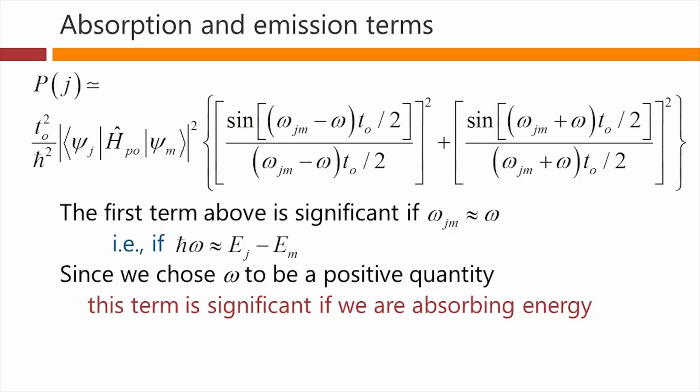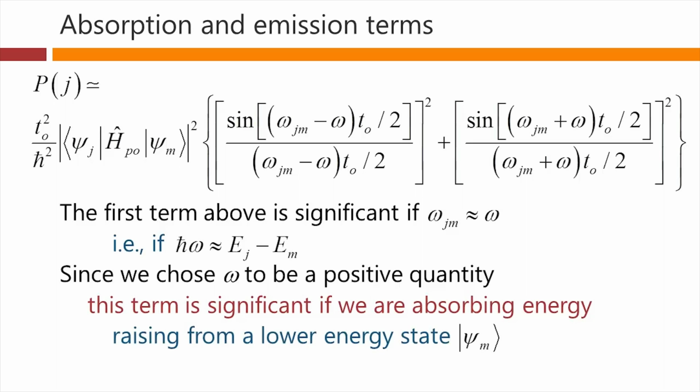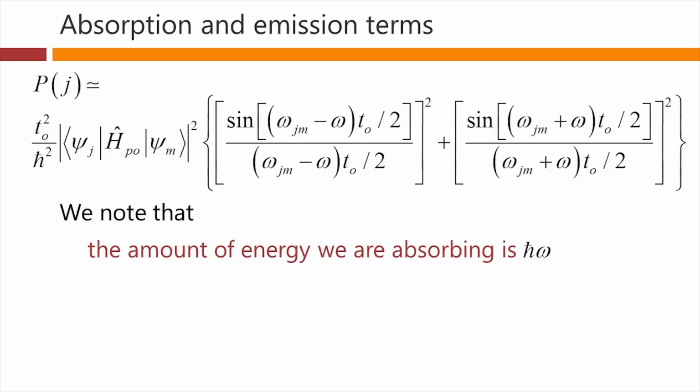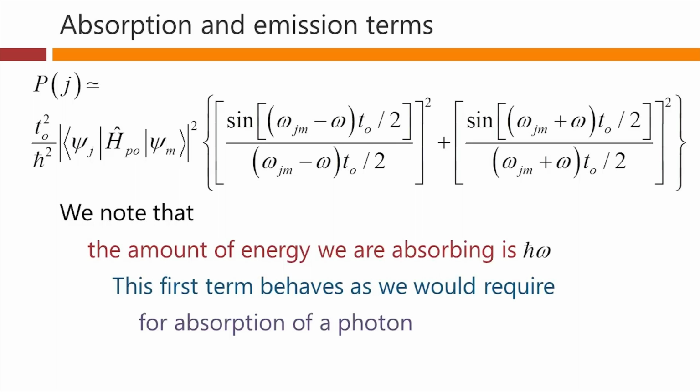That is, if j is a state that's above m. That means that we're talking about raising the system from a lower energy state to a higher energy state with this positive energy here. We note that the amount of energy we are absorbing is this amount h bar omega. The first term behaves, therefore, as we would require for the absorption of a photon.